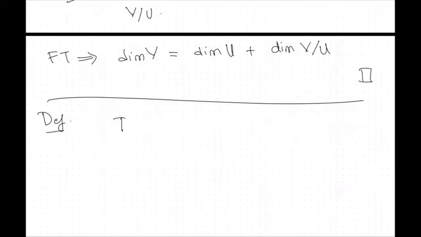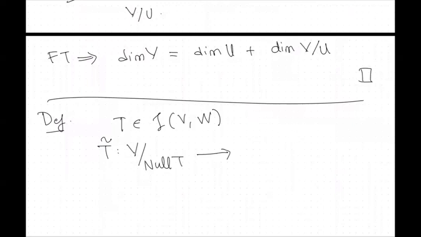Let T be a linear map from V to W, and then T tilde is a map from V modulo the null space of T to W, where T tilde of v plus null T is equal to T of v.